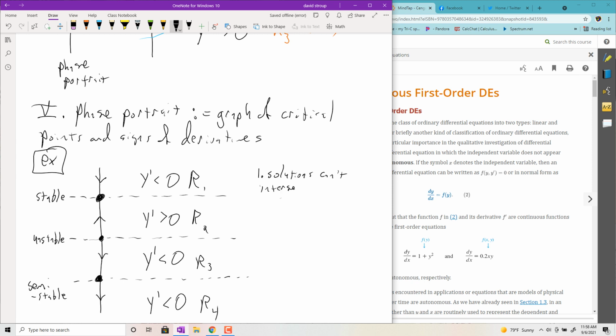Secondly, solutions in subintervals will always increase or decrease, because of the continuity of the derivative, it's not going to be able to change sign on you in a subregion.